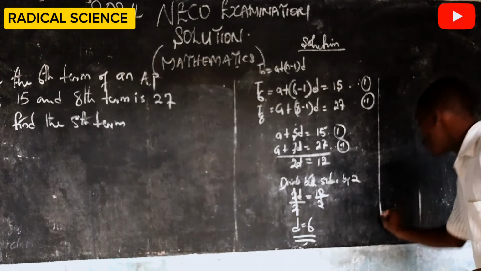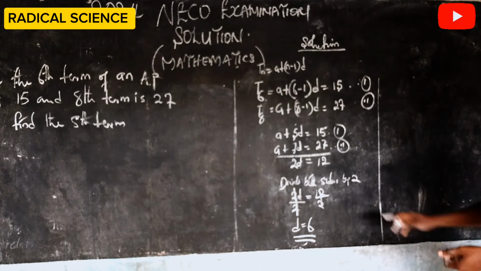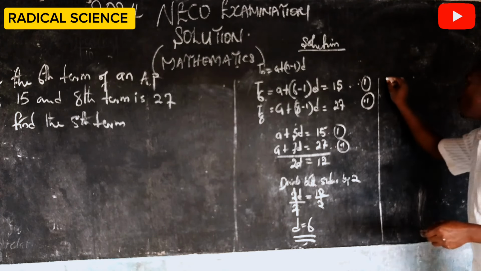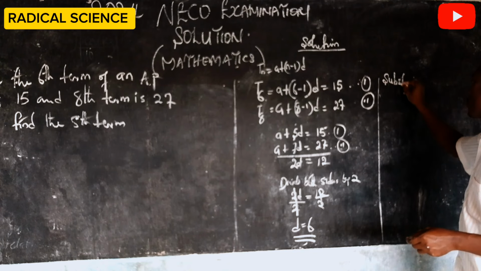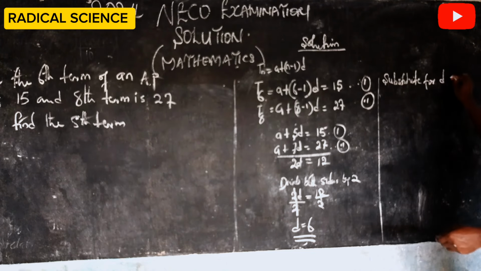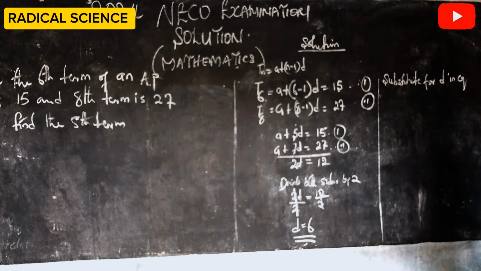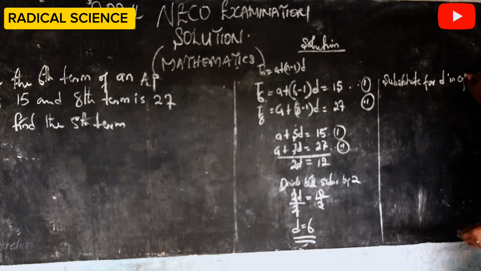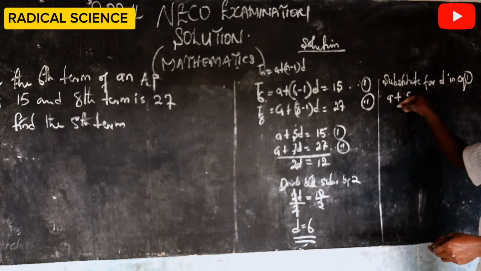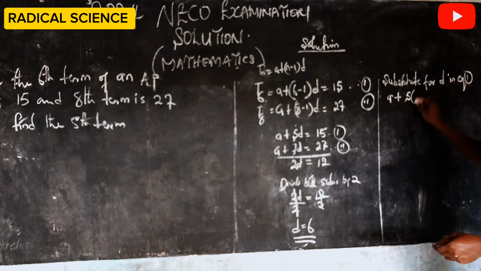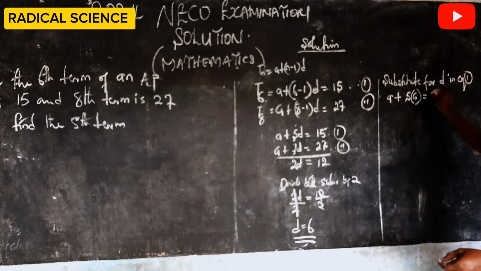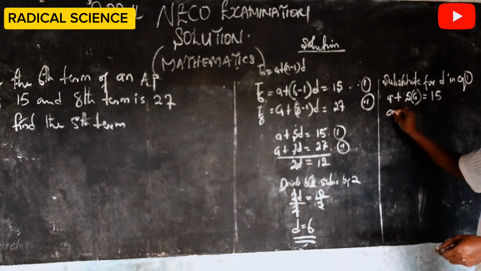Now we've found that the common difference is 6. We are going to find the first term. We substitute the value of D into an equation of our choice. Please permit me to use equation 1. A plus 5 brackets, since D is 6, equals 15.